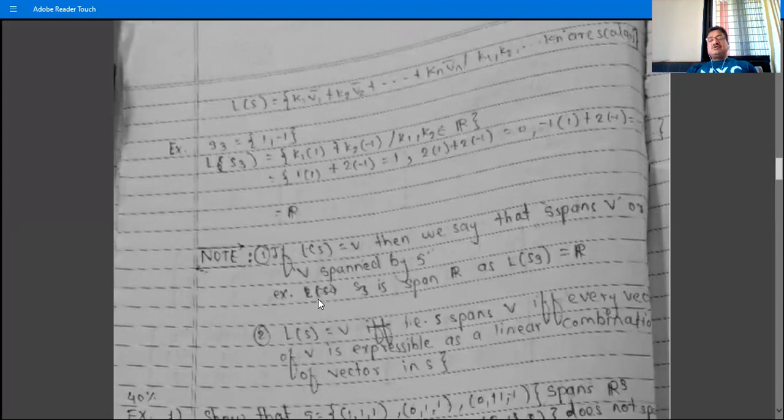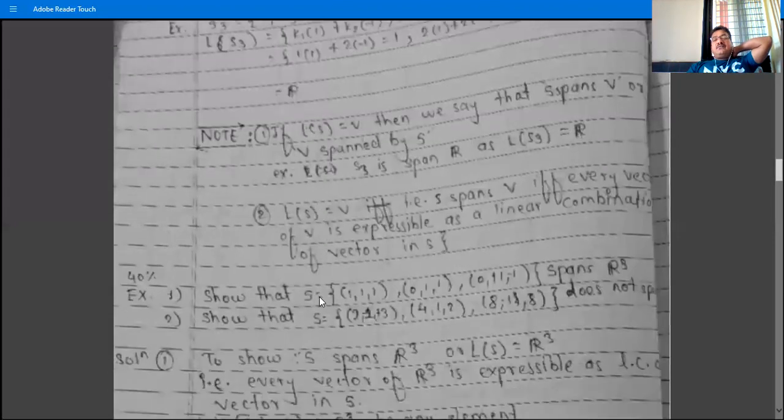That element belongs to LS, and therefore V is a subset of LS if every element of V is expressed as a linear combination of elements in S.